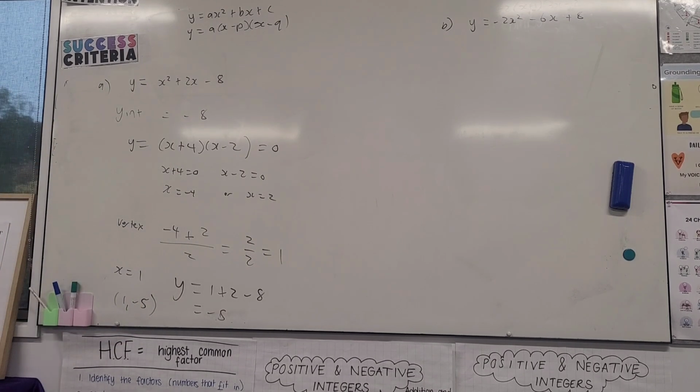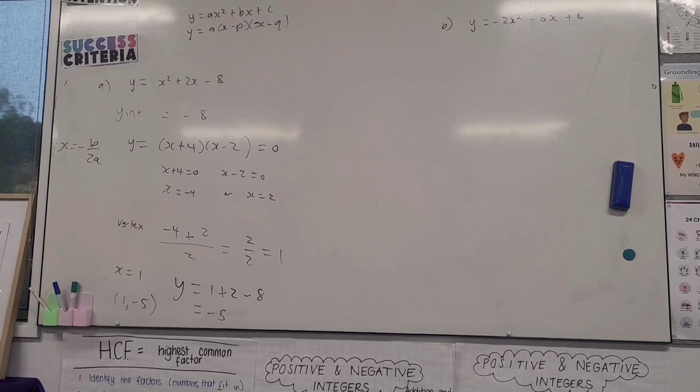Now that's one way we can get the vertex, but there's another formula listed as well. The formula is listed at the top of the page. X is -b divided by 2a. Can everyone see that one there?